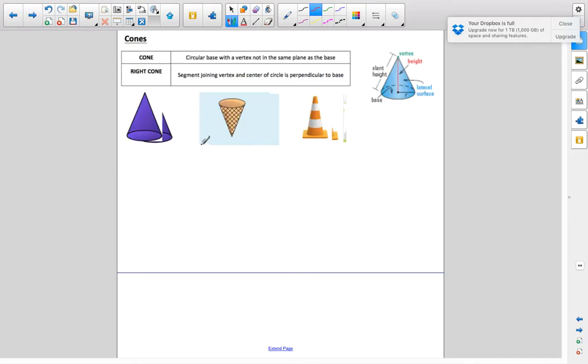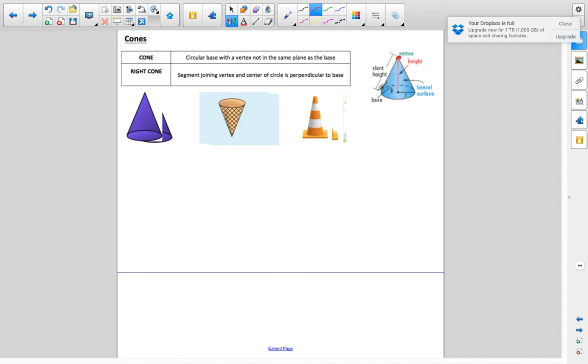A cone is similar to a cylinder, except it doesn't have a parallel base that is also a circle. It'll come to a vertex. So it has a circular base with a vertex not in the same plane as the base. It'll be directly overhead the center of the circle.